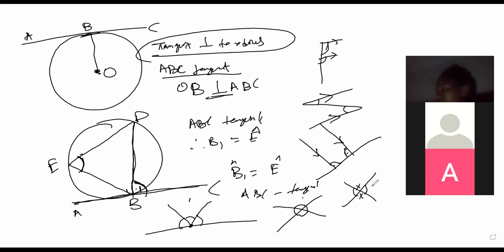Then your triangles. Angles of a triangle add up to 180, so this plus that plus the third must be 180. The exterior angle of a triangle equals the sum of the two interior opposite angles.